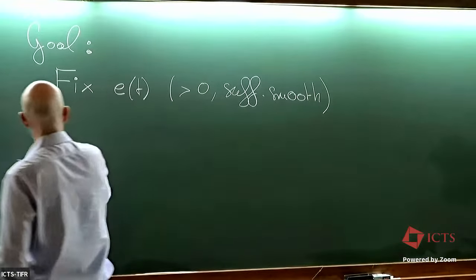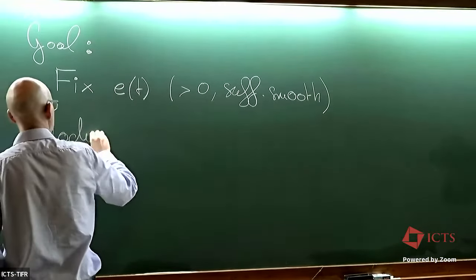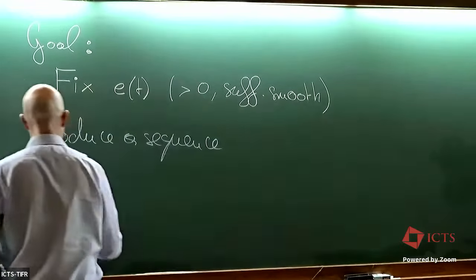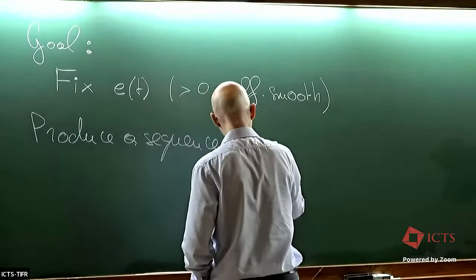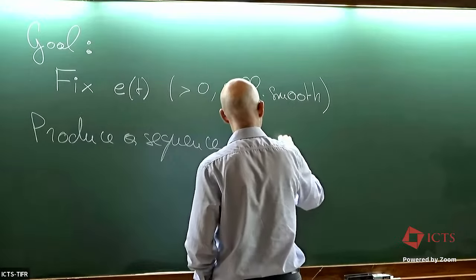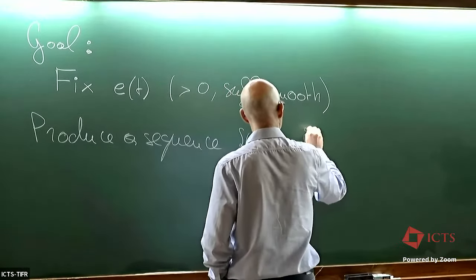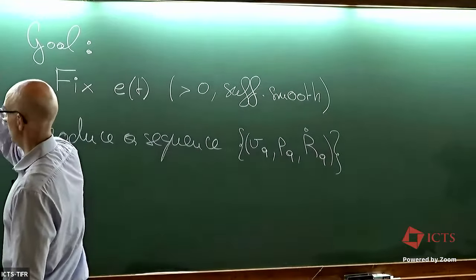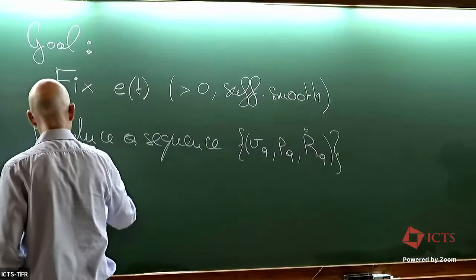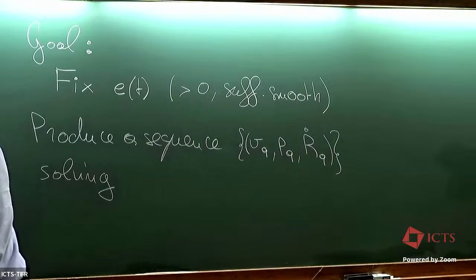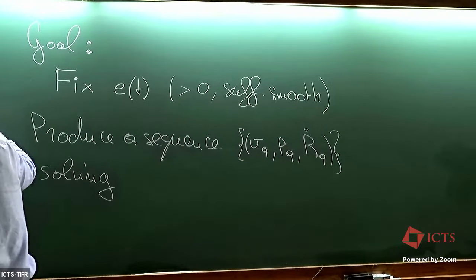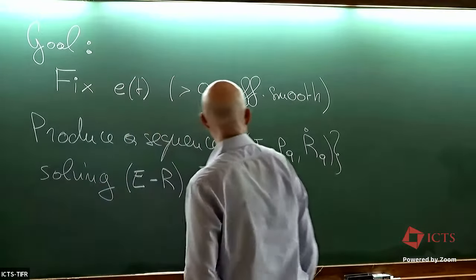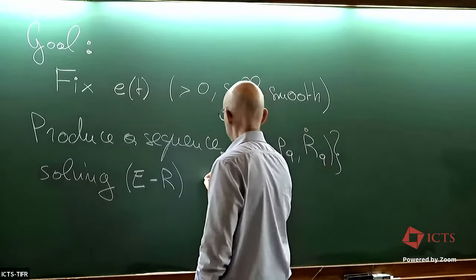Produce a sequence, let me call it v_q, p_q, R circle q, solving the Euler-Reynolds system, and having the following properties.